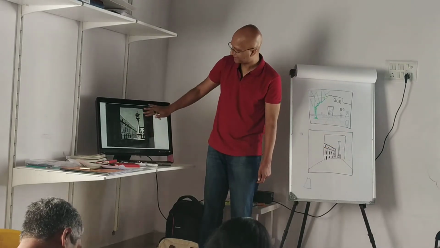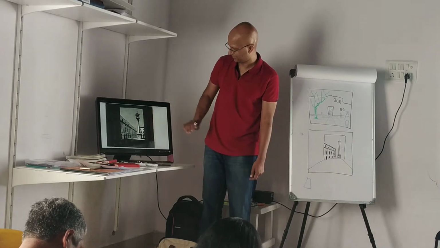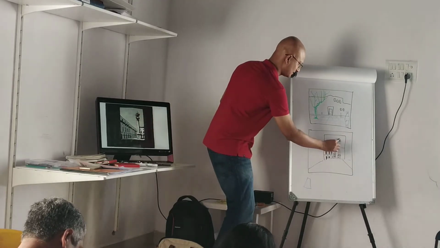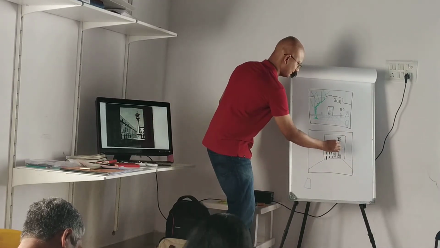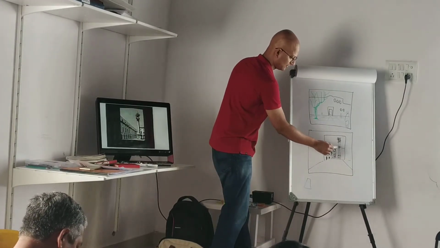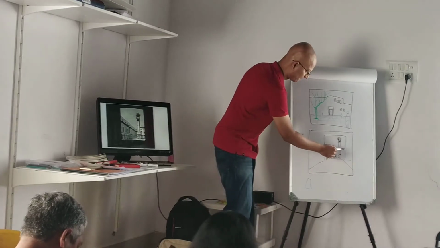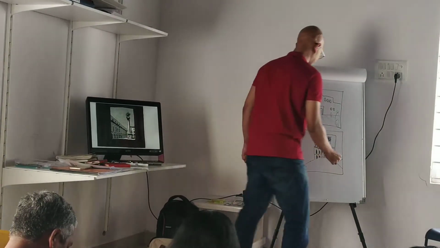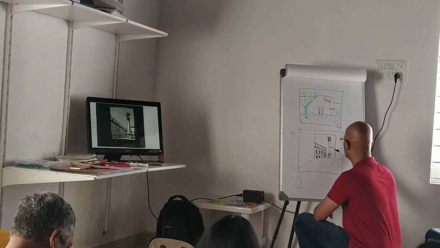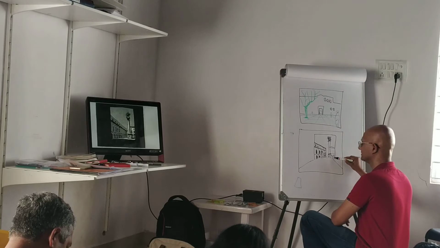Probably there's a beautiful statue up there, but the artist decided not to draw everything. So it's just a little bit of a representation of what it looks like. Arches.